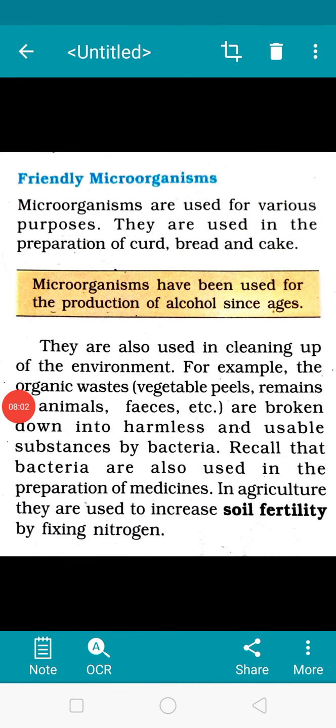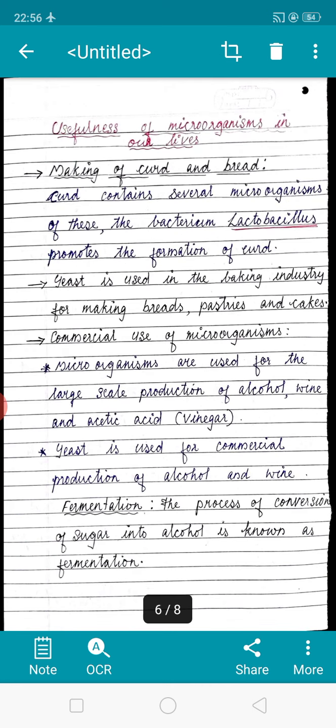Now we can study in detail how these microorganisms are beneficial to us. First one, microorganisms are helpful in making of curd and bread.